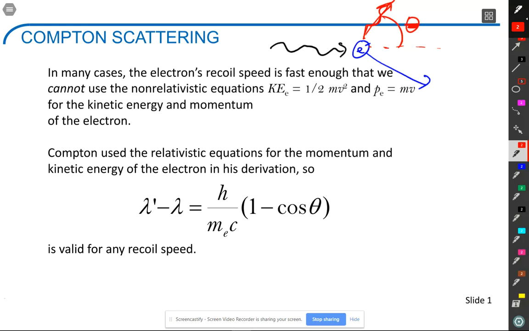And so Compton used relativistic equations for conservation of energy and conservation of momentum to determine what was happening here. And so the photon loses energy when it scatters and goes to a longer wavelength. How do I know it loses energy when it goes to a longer wavelength?